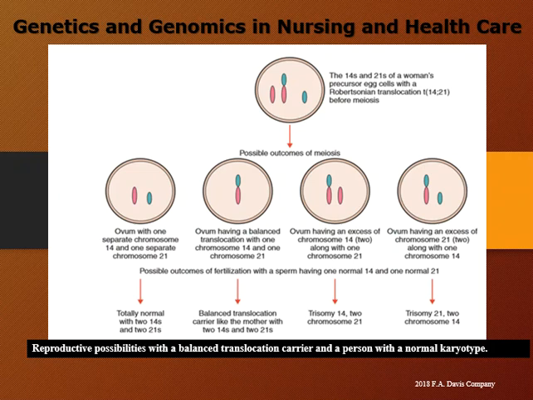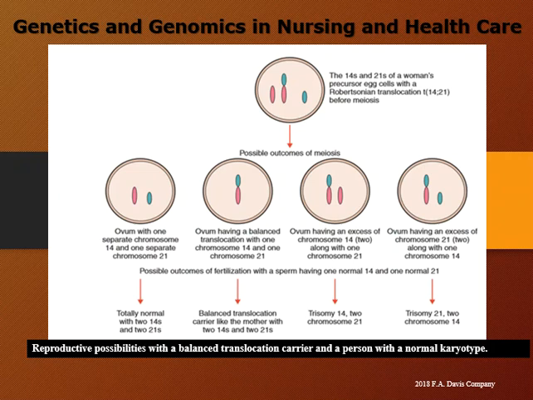So when that becomes fertilized with a normal karyotype, with a normal 14 and a normal 21, you end up with an extra 14, because in this scenario the woman has two 14s, and then you add one from the dad, that makes a trisomy 14. And then you have two chromosome 21s, which is normal. So that would have an expressive phenotype.